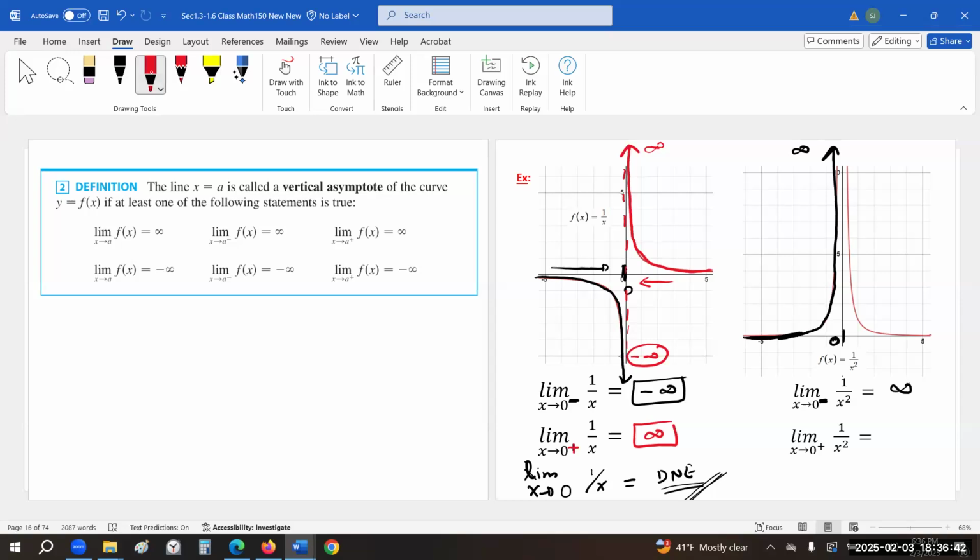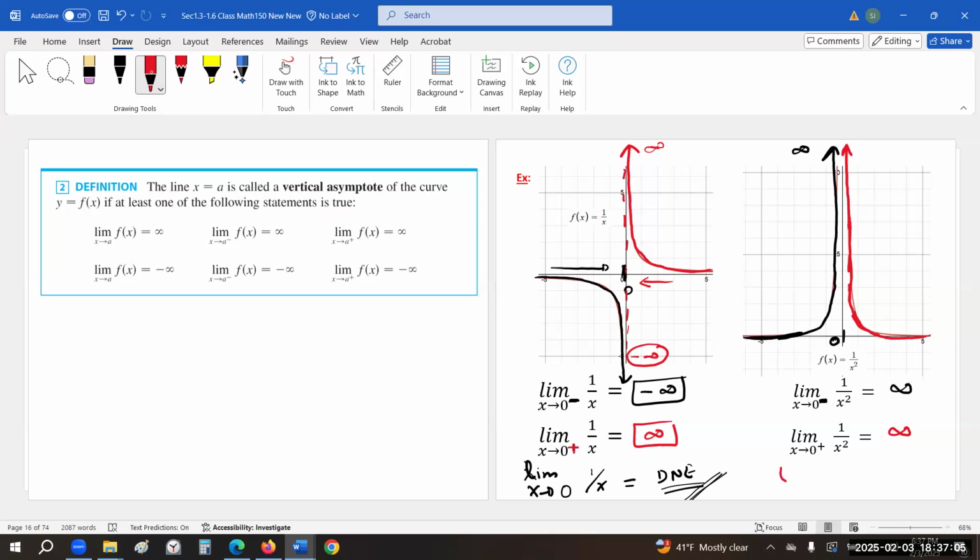Now, what is happening on the right side? If you walk from your right side toward the x value 0, and you're observing the y values, where are your y values going? They're also going toward infinity, right? Great.